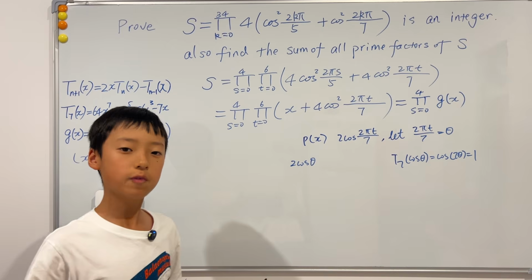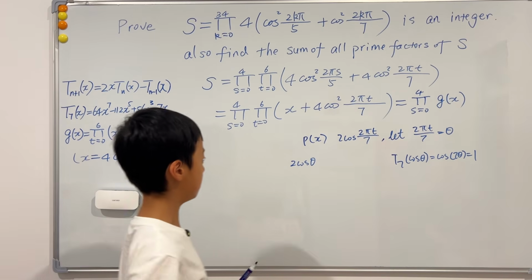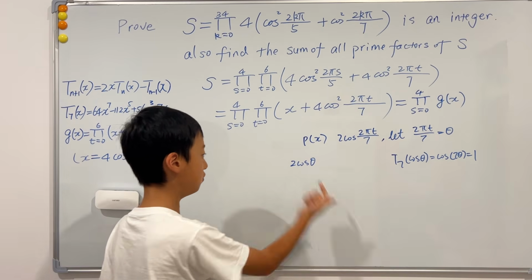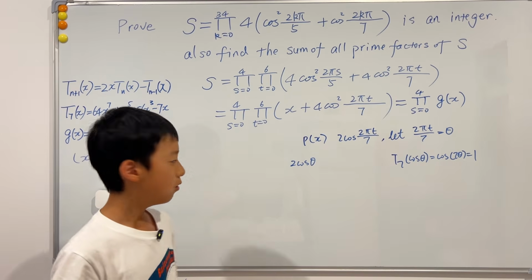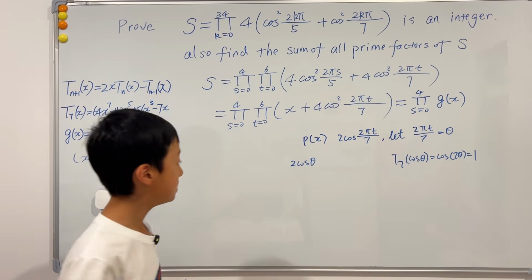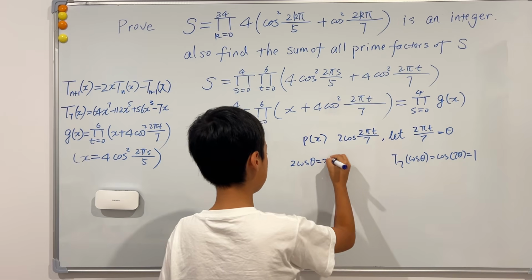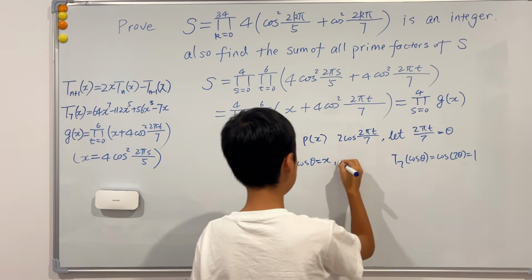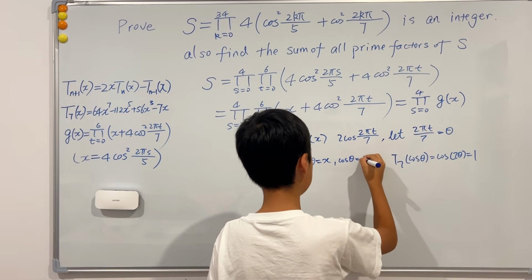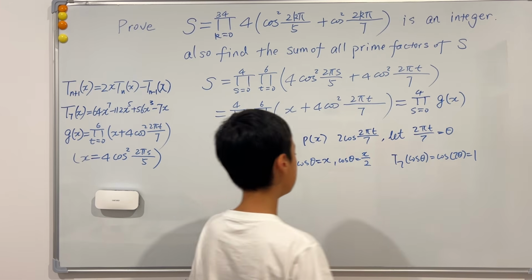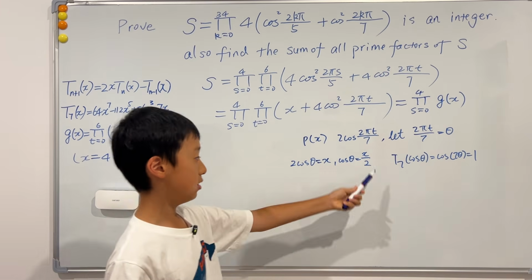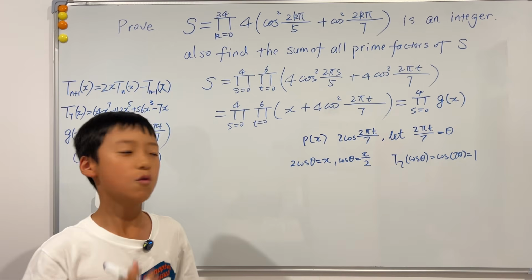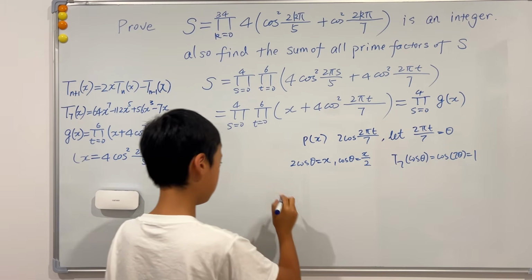So what we want to find is T7 of cosine theta, but here we have 2 cosine theta. An easy fix for that is this: we can let this be some x, and we know that cosine theta will just be x over 2. So we have to find T7 of cosine theta, which is also T7 of x over 2.